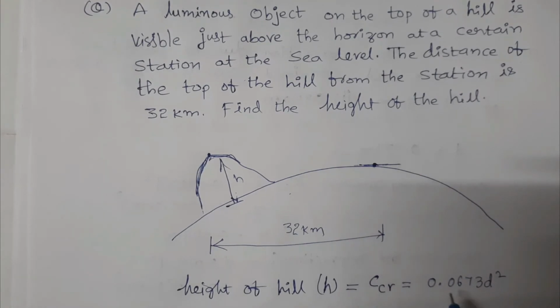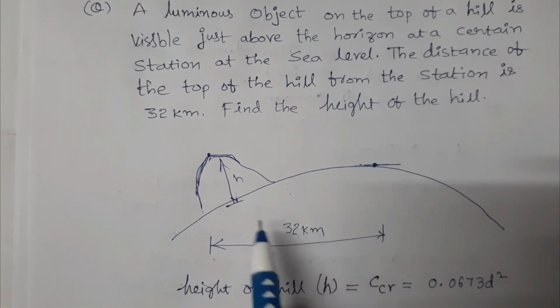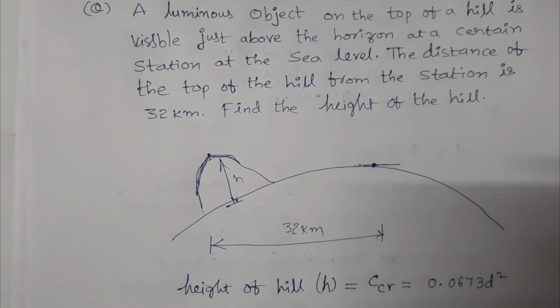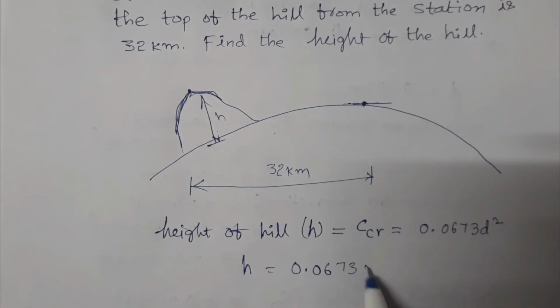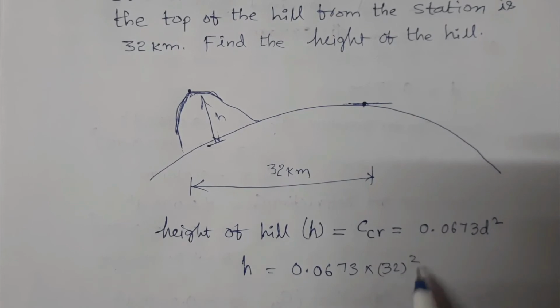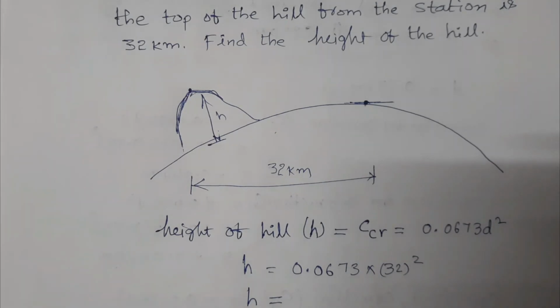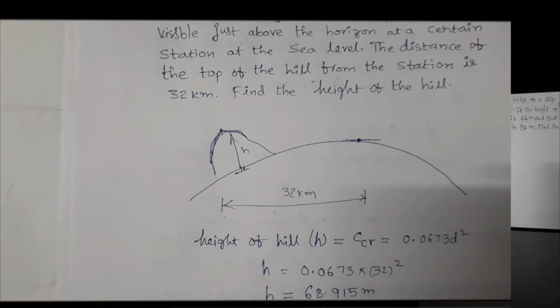So here d is the distance between these 2 points, hill to this station, and d is in kilometers. So h is equal to 0.0673 into 32 whole square. Therefore, height of the hill is equal to 68.915 meters.